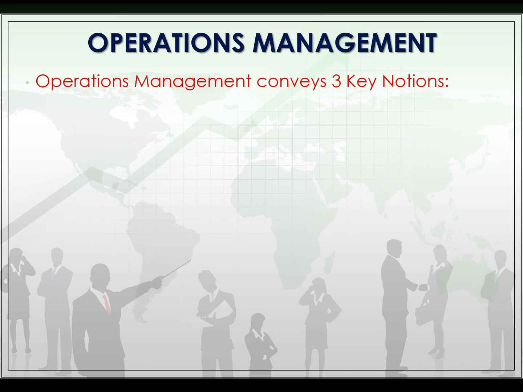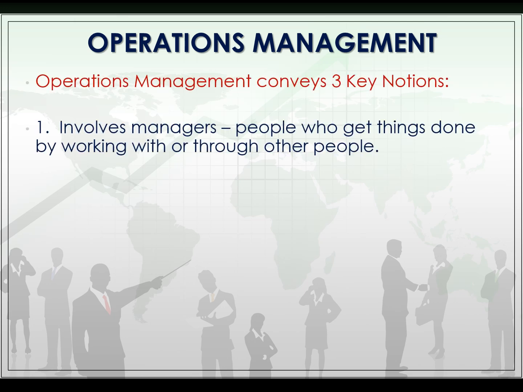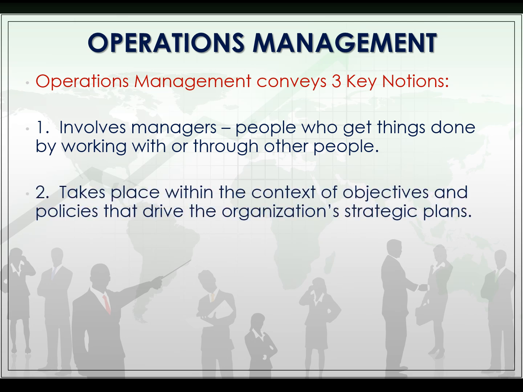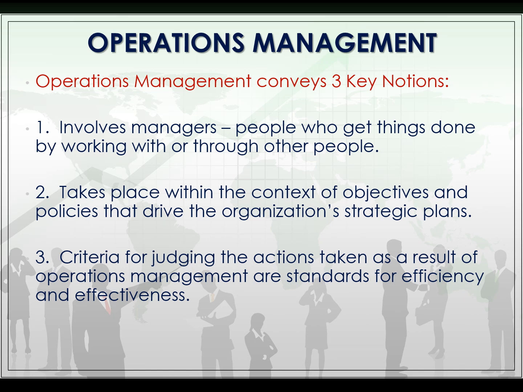Operations management conveys three key notions. One, it involves managers, people who get things done by working with or through other people. Two, it takes place within the context of objectives and policies that drive the organization's strategic plans. And three, the criteria for judging the action taken as a result of operations management are standards for efficiency and effectiveness.